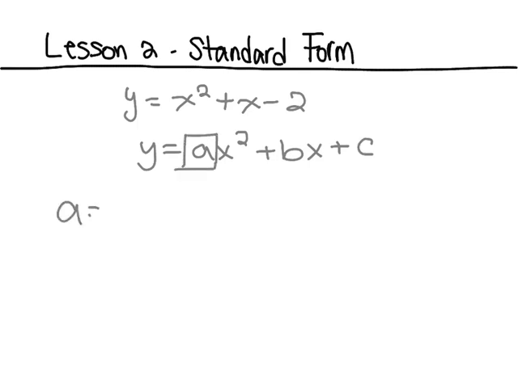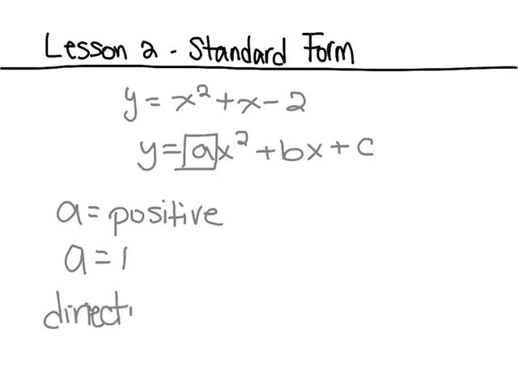And when a is positive, we know it opens up. So for ours, we have a equals 1. So we know the direction is up, except I spelled direction wrong. Nice. And we already found the vertex to be negative 0.5 and negative 2.25.